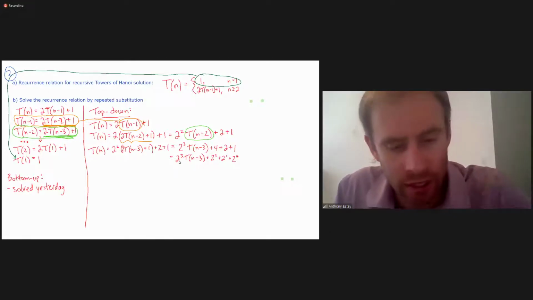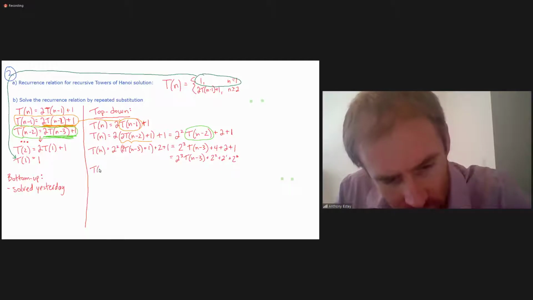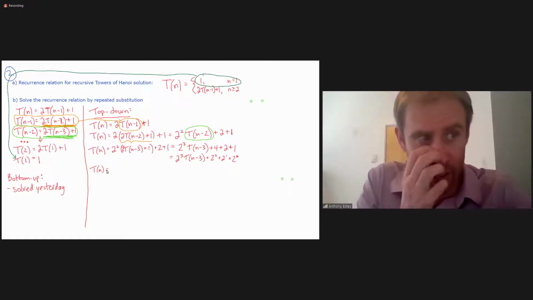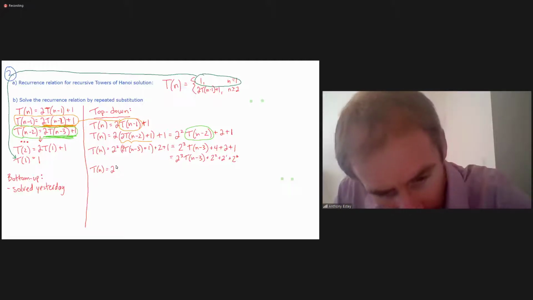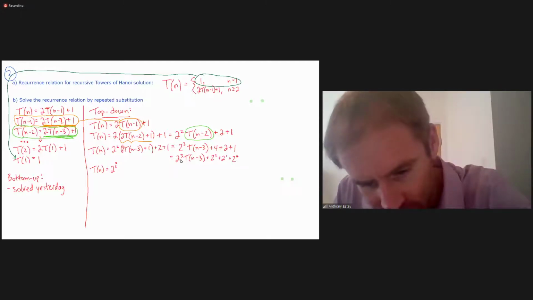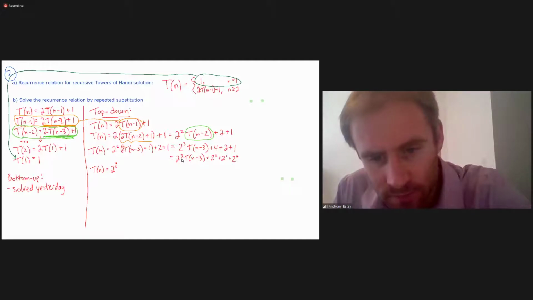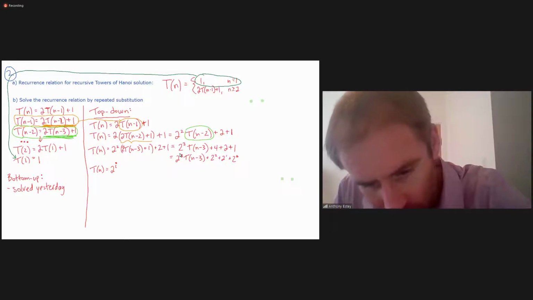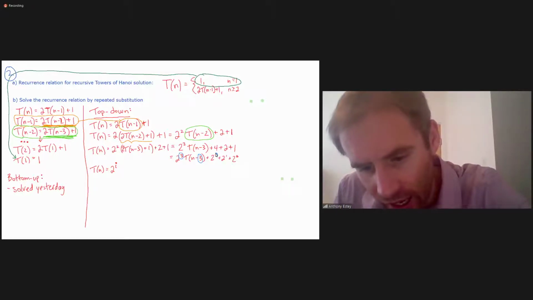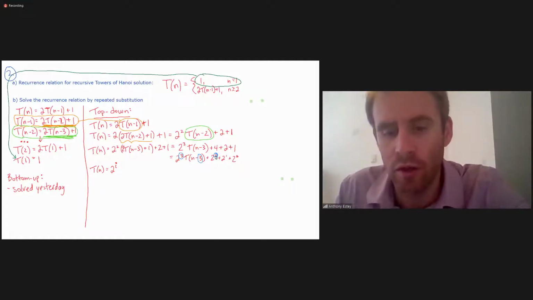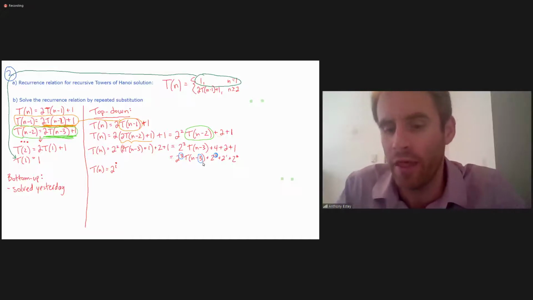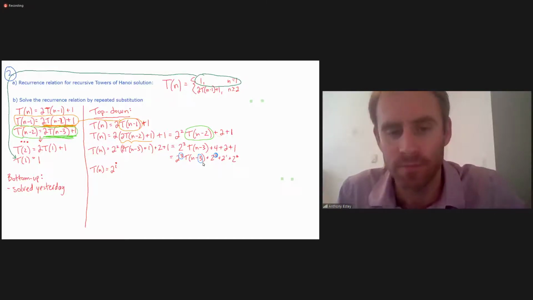What we might see here is that I can eventually write this as t of n equals 2 to the power of I. Some important things to see here are that this number matches this number, which is also the highest, and then we've got powers of 2, one number lower than that value, down to 0.